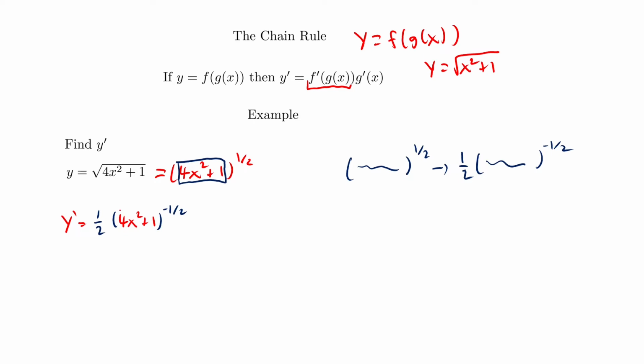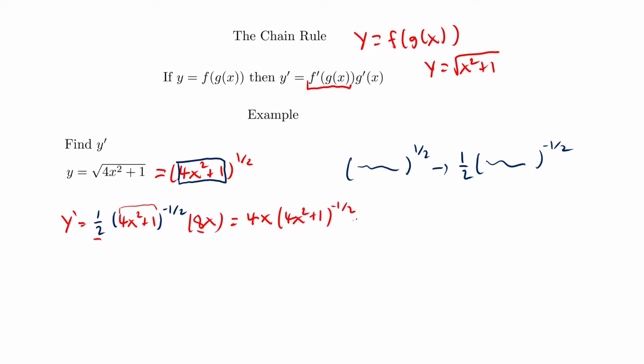Then I'm going to look at what was inside here, take the derivative of that, and multiply it on the outside. So the derivative of 4x squared plus 1 is simply 8x. And then we can simplify. If we simplify this, this will be 4x, because 8 times 1/2 is 4, and then we'll write this as 4x squared plus 1 to the negative 1/2.